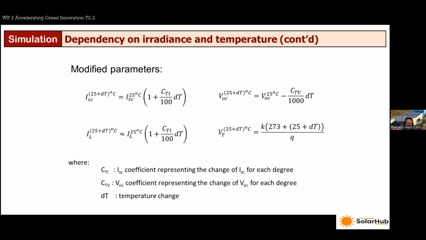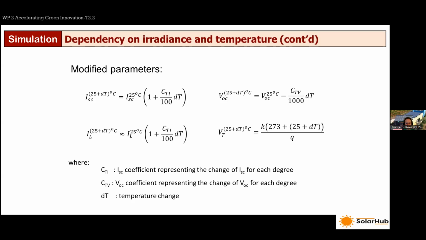And there are specific equations to calculate the variation of short circuit current, open circuit voltage, and other parameters of the parametric model based on these conditions, the light and the temperature.